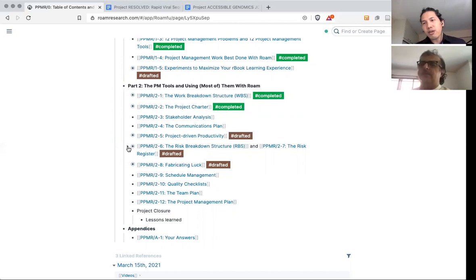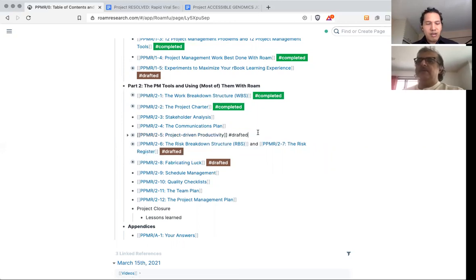So that will be good if we can squeeze in risk breakdown structure next week. Sure. I was thinking of making this chapter 3 and both of them to be chapter 3. So I might just do that now.